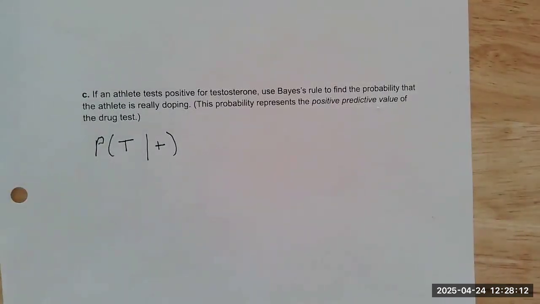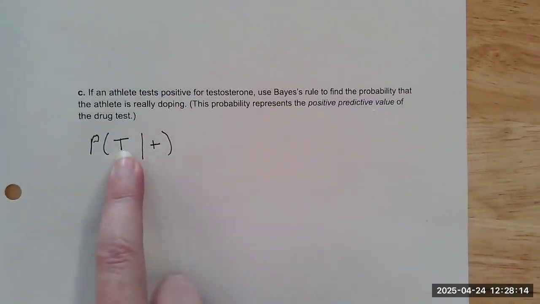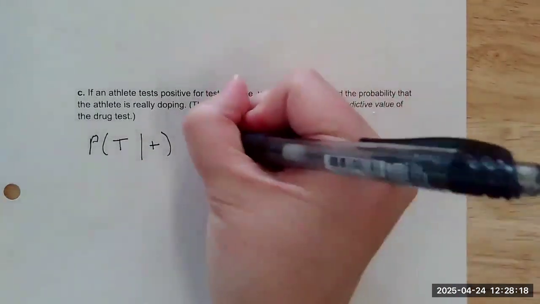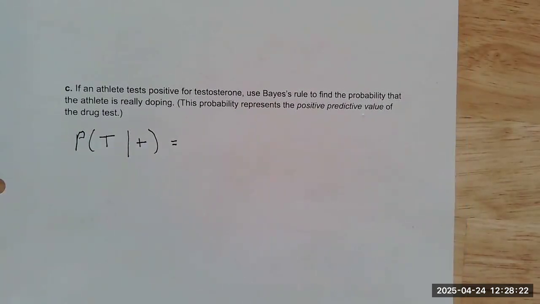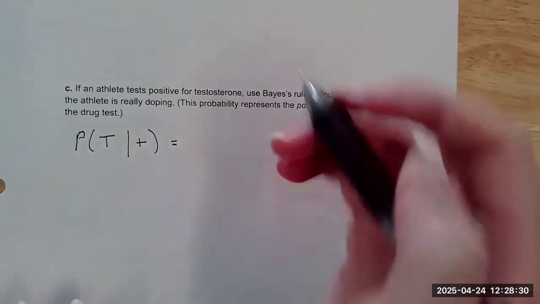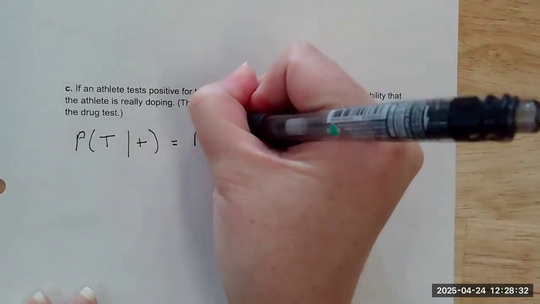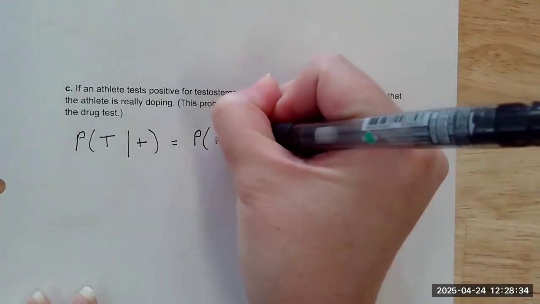So I'm going to use the more complicated one. I'm going to write out what that's going to look like when we substitute in the T and the plus for the A's and the B's. Okay. So here's what that's going to look like. It's not as hard as it sounds. Okay. Here's what you're doing. If you have this, I want the opposite of that. So I'm going to write the probability of plus given T. So I'm just turning it around.